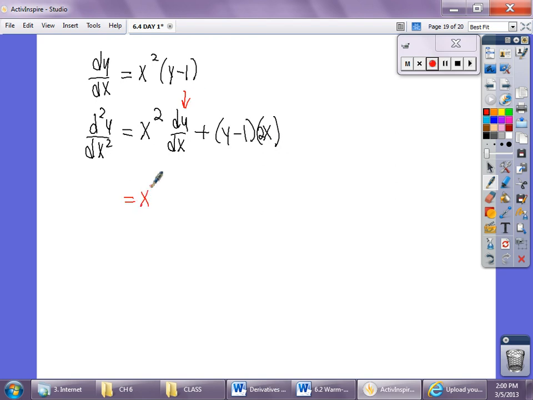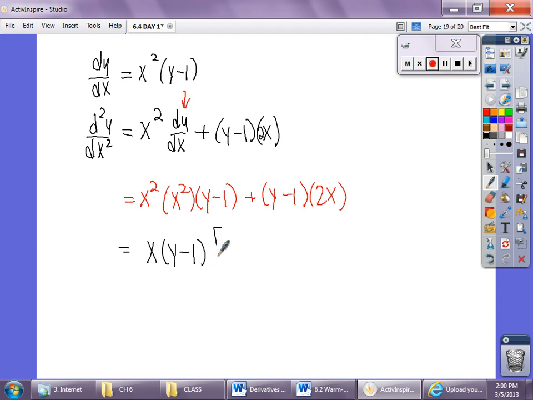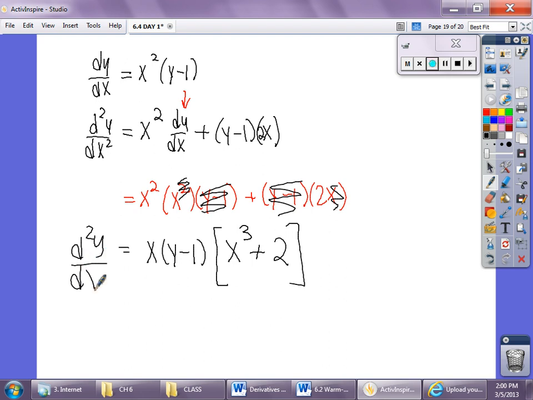We get x squared times y minus 1 plus y minus 1 times 2x. Let's take out the greatest common factor, which would be x times y minus 1. So we get x cubed plus 2. And that would be the second derivative. There you go. So that's pretty much everything you would have to do for 6.4 day 1.